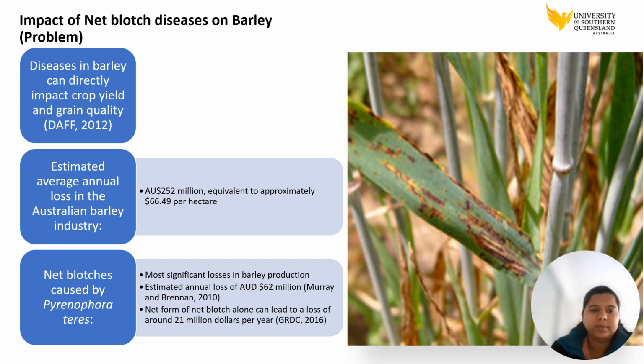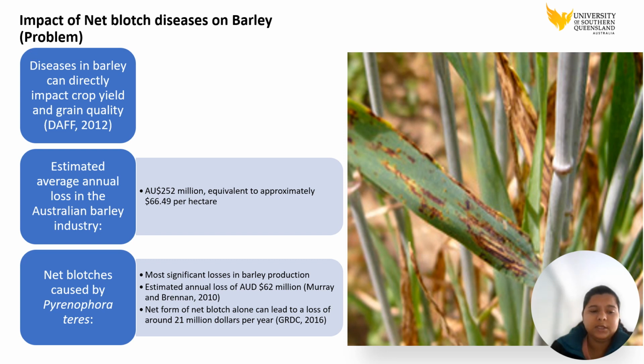There are several biotic and abiotic factors that cause a direct impact on crop yield and grain quality. Among all the biotic factors, diseases in barley can directly impact crop yield and grain quality. The estimated average annual loss in the Australian barley industry due to diseases is around 252 million.